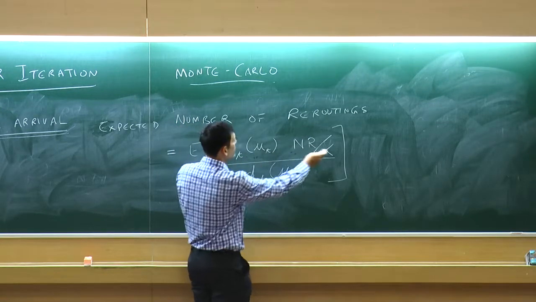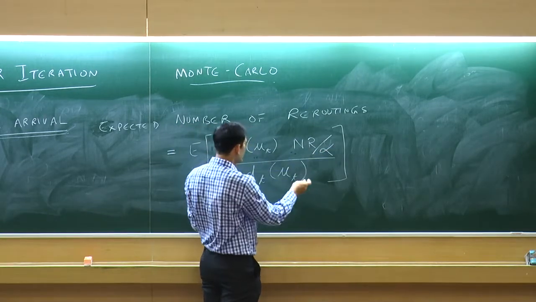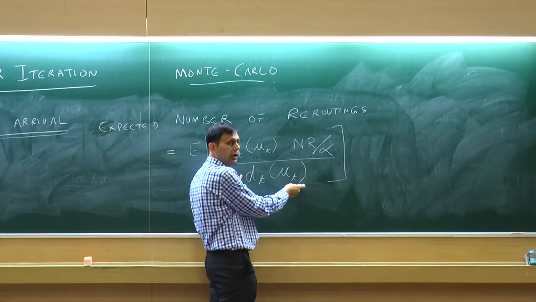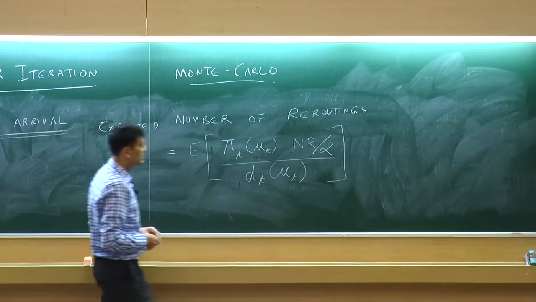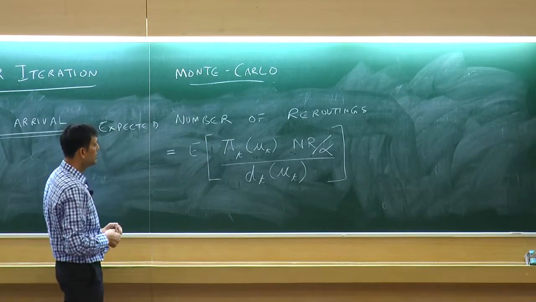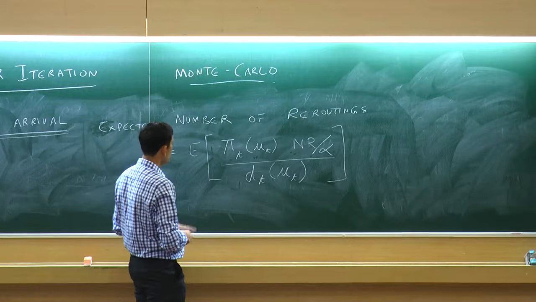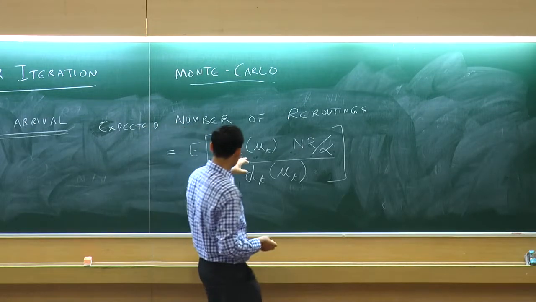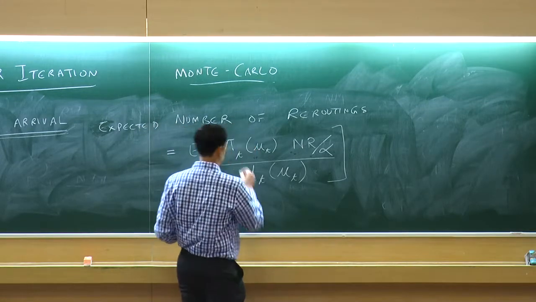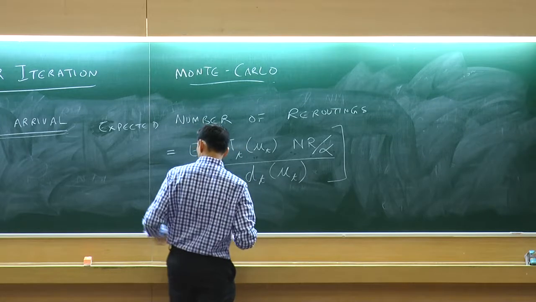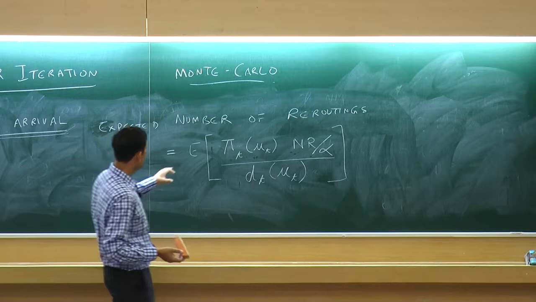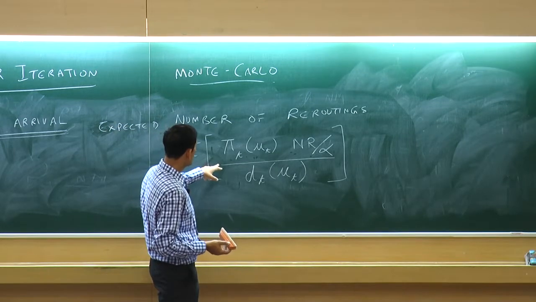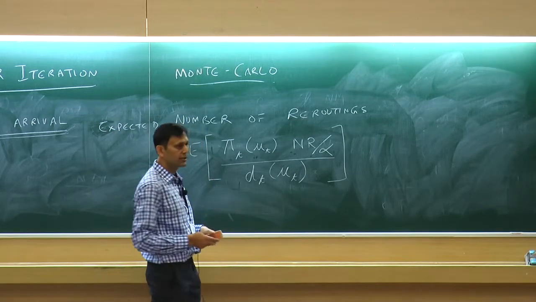Each of them is going to get rerouted with probability 1 over dt of ut. So this is the expected number of reroutings that are going to happen.